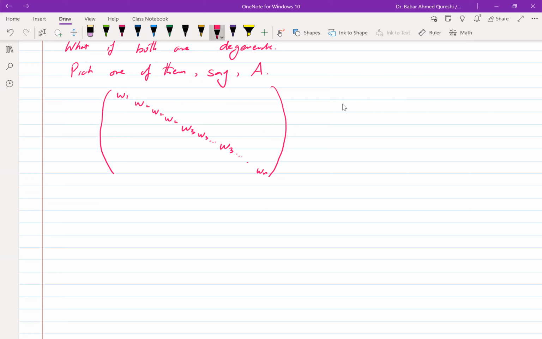Now I pick an eigenvalue, let's say Wi, which is degenerate, say m times. Then what will happen?